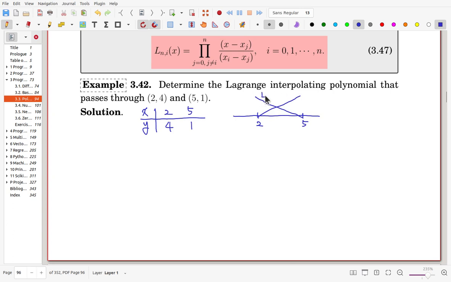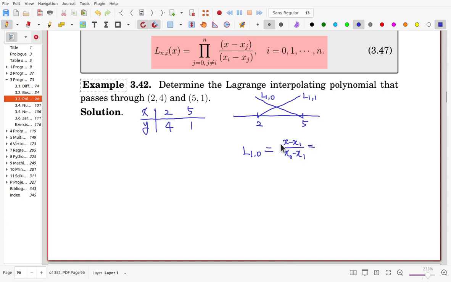That is L10, for x0. Now there's L11, for x1. Practically, L10 can be gotten in this way. Jump x minus x0, and then the next one is x minus x1, over x0 minus x1. There's no other. So that's it.